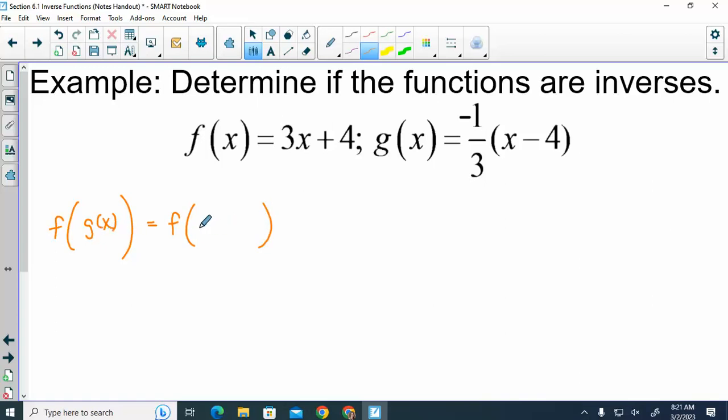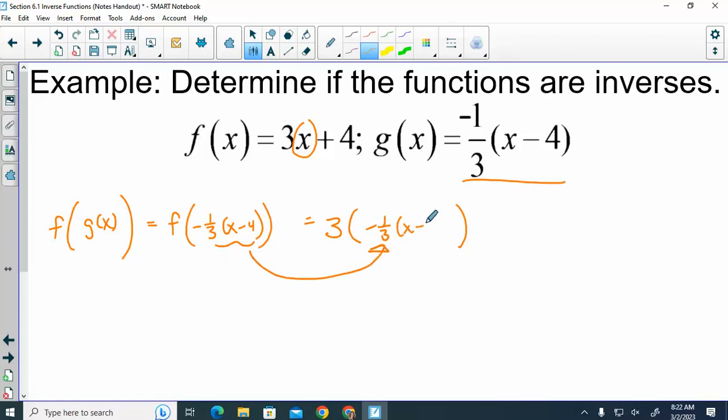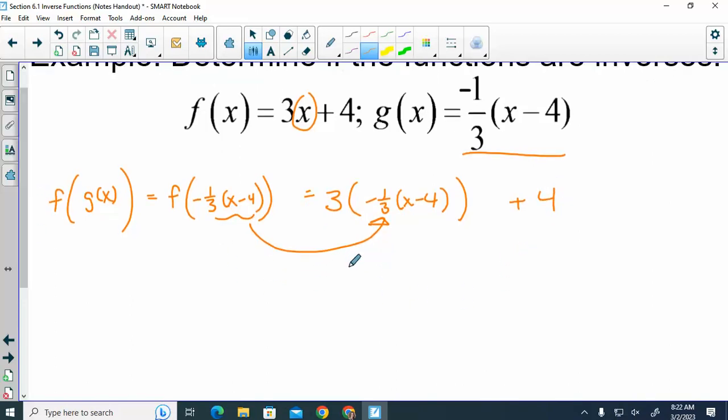You're replacing g of x with its equation. You have negative 1/3 x minus 4. Okay, this is going to go into f, and you are replacing that x. So we have a 3. That x is going to get replaced with the thing I plug in. So that's my negative 1/3 times x minus 4. And then plus 4.